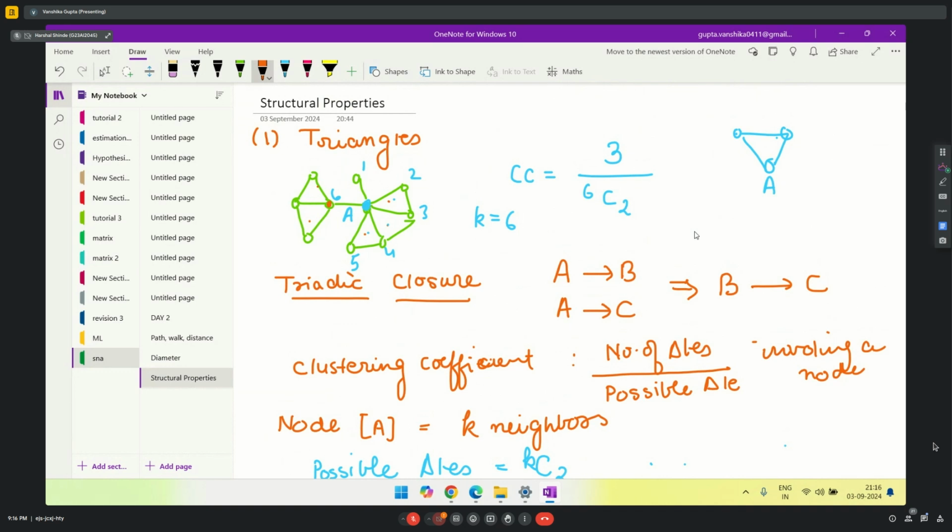Actually, there are two types of clustering coefficient present. One is local clustering coefficient, which is for individual nodes, and one is global clustering coefficient, which is for the entire graph. So we'll come back to that topic in detail after discussing all the structural properties. That is, I think, our second last structural property that we will discuss. Currently, we are only focusing on how we can calculate clustering coefficient if we have triangles.